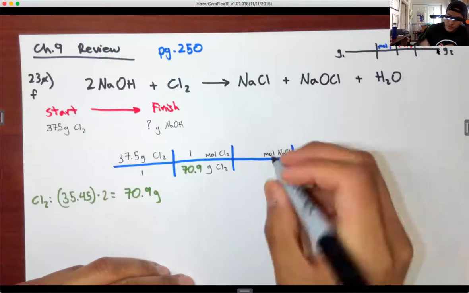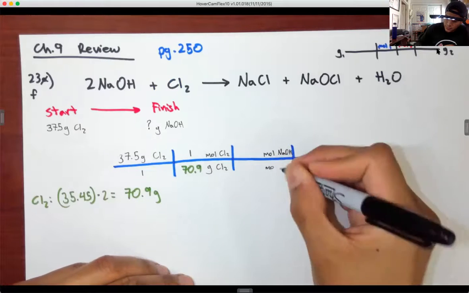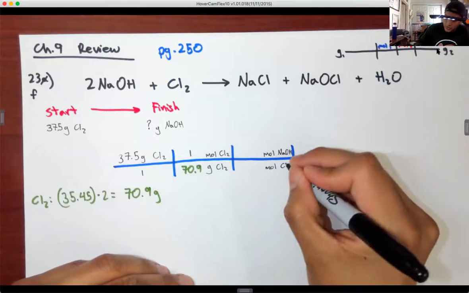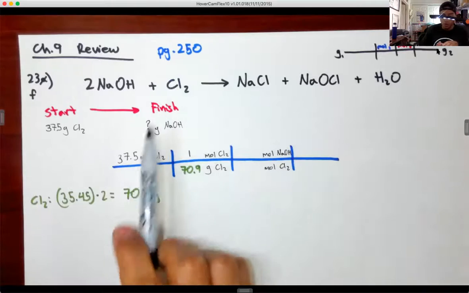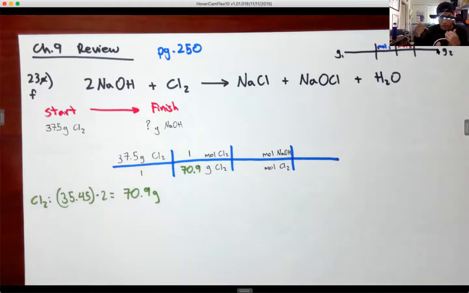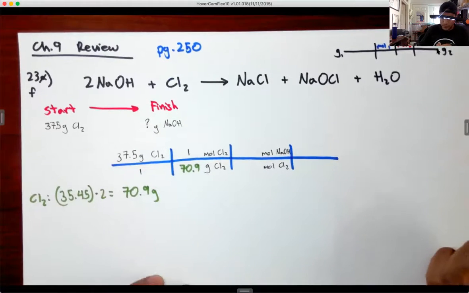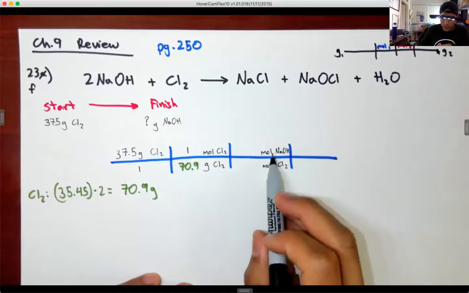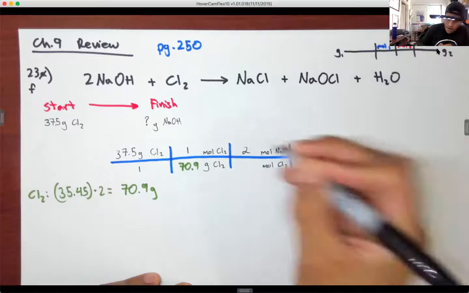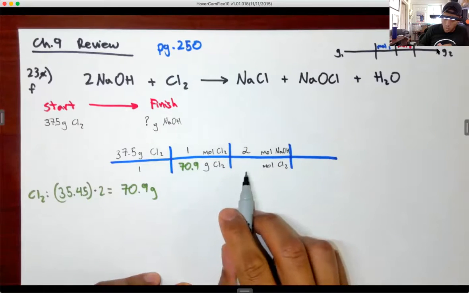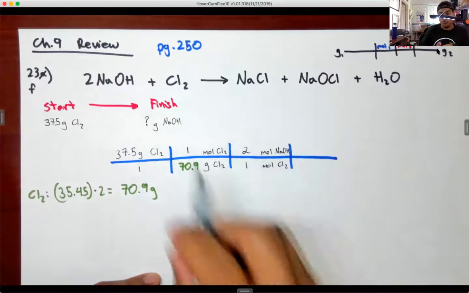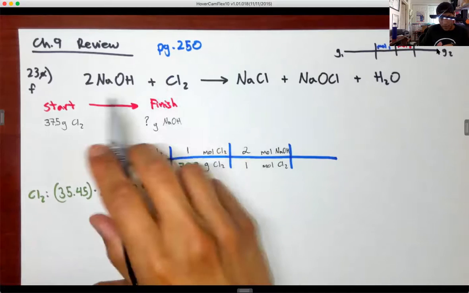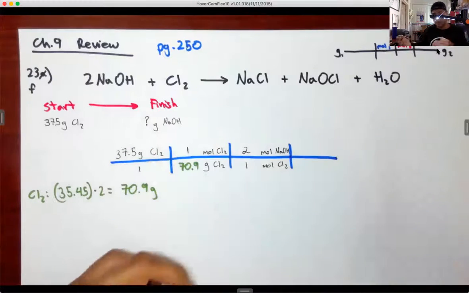And what are we going to use here now? Now we use the mole-to-mole ratio. So how many moles of NaOH are there for how many moles of CO2? 2 for every 1 mole of CO2, right? Whenever there's nothing, that just means 1.